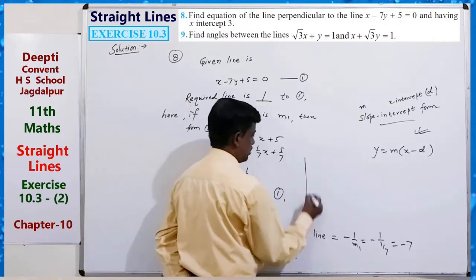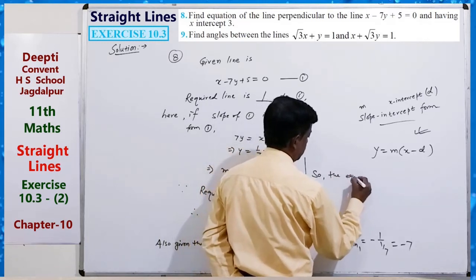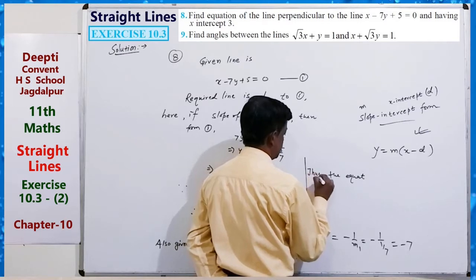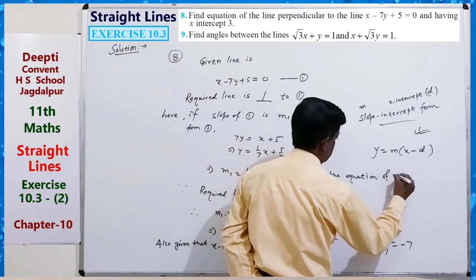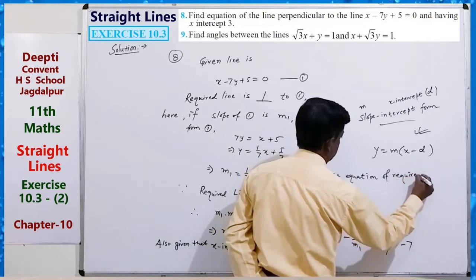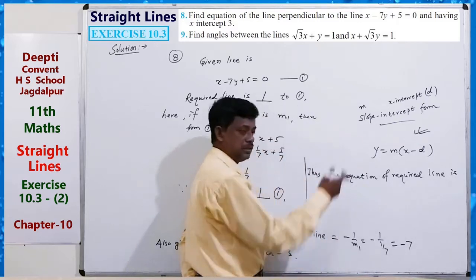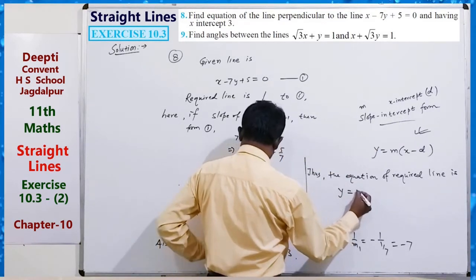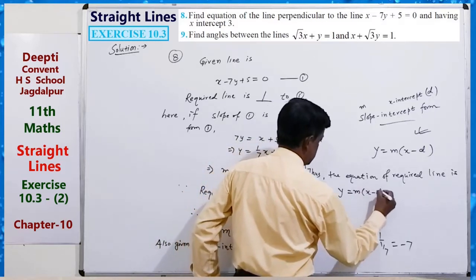So thus the equation of the required line is what? This is the formula. So y equals m, m means m times x minus d.